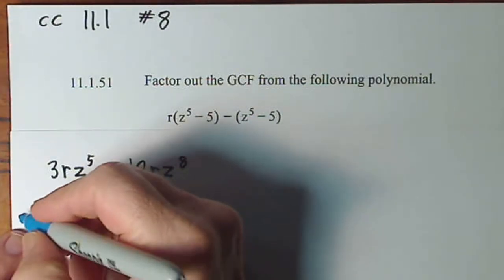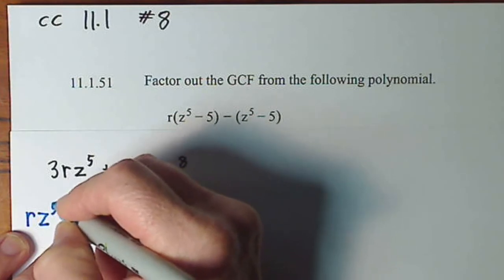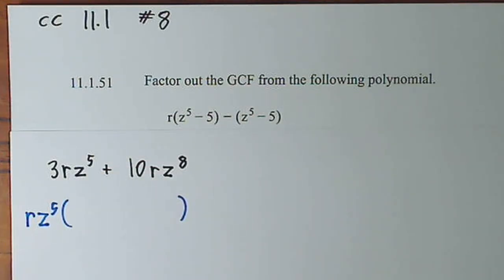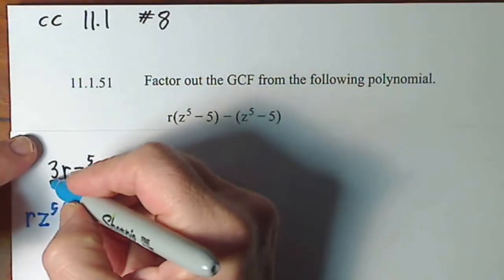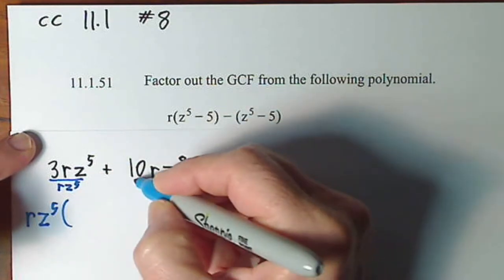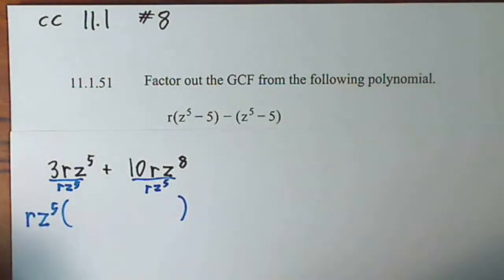So you would put that in front of parentheses, rz to the 5th. And when I say factor out, that means you divide out rz to the 5th, and you divide out rz to the 5th.